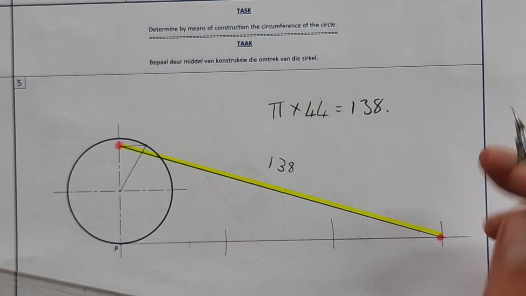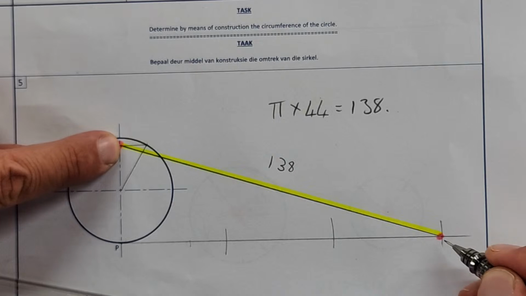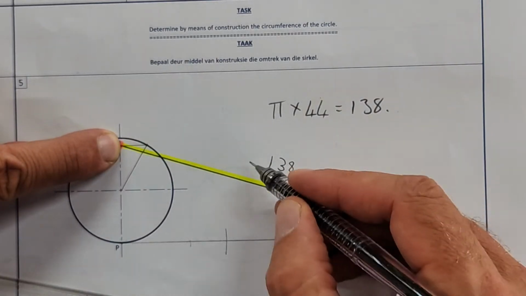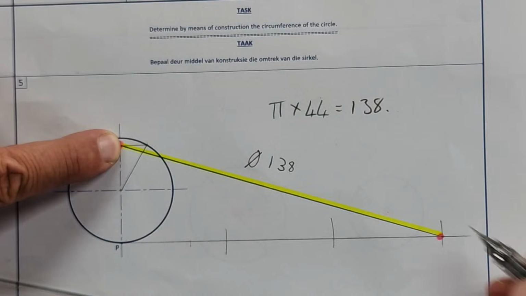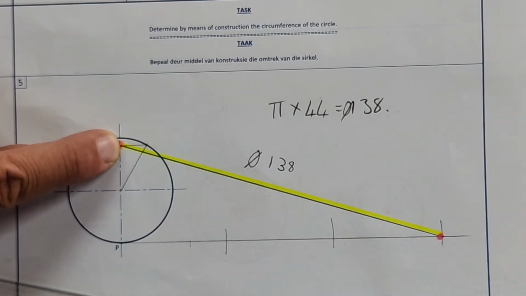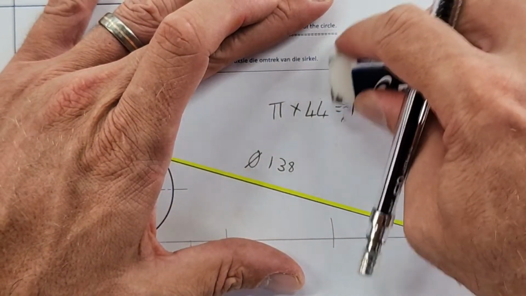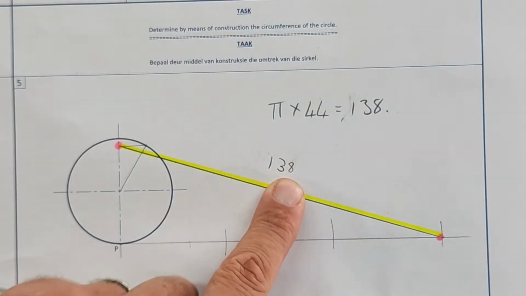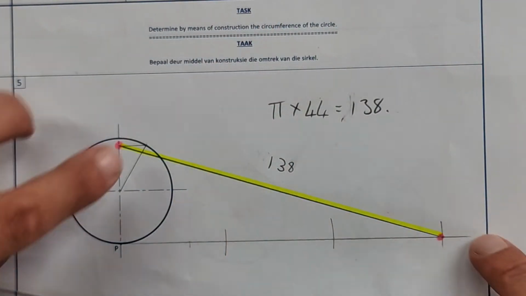But I mean, we don't worry about that. So you can see if you constructed this accurately, you can actually determine the circumference. The circumference you can determine by construction.